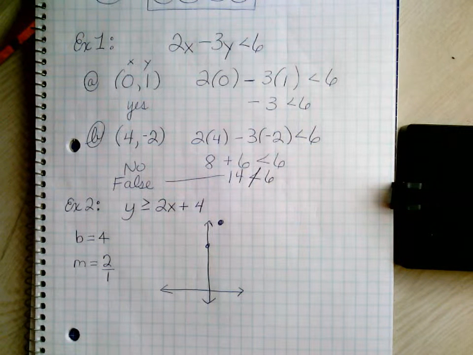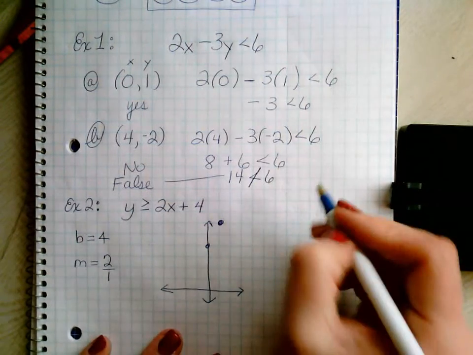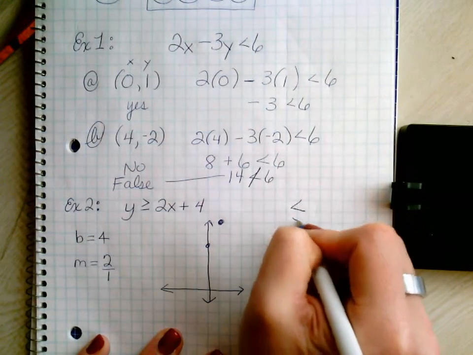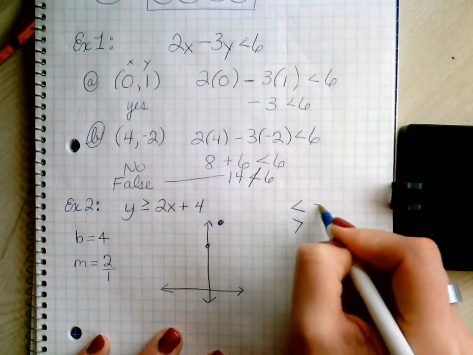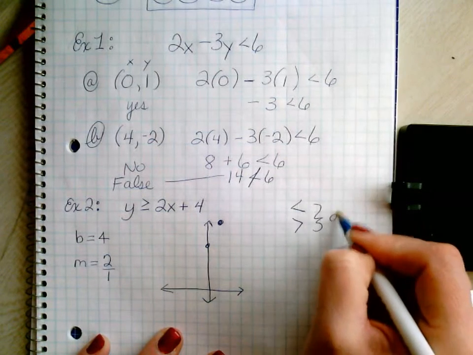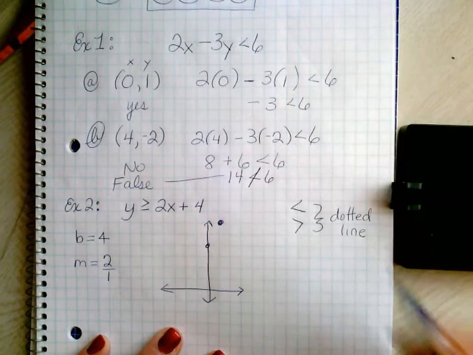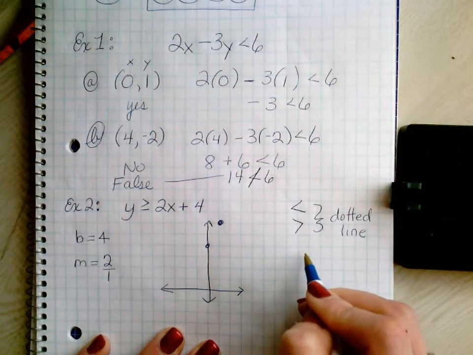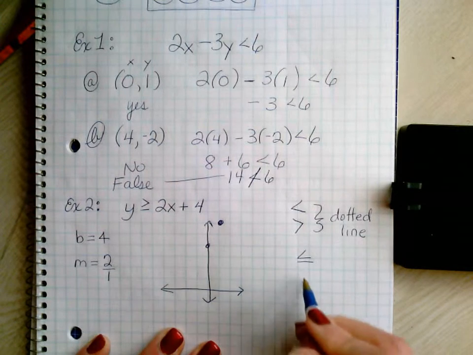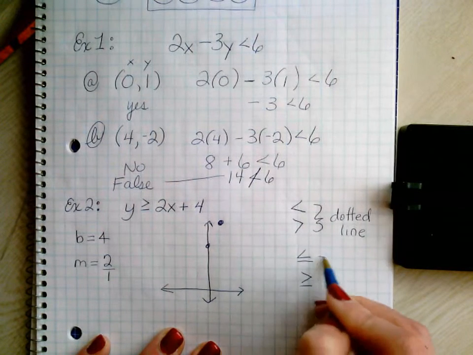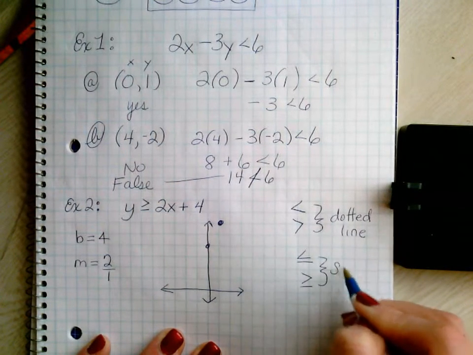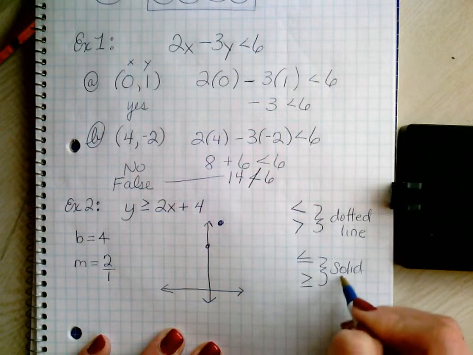This is where it changes, okay? For less thans and greater thans, you use a dotted line. I'll show you what that means in a minute. For less than or equal to's, greater than or equal to's, you create a solid line.